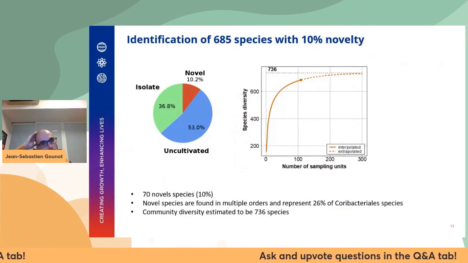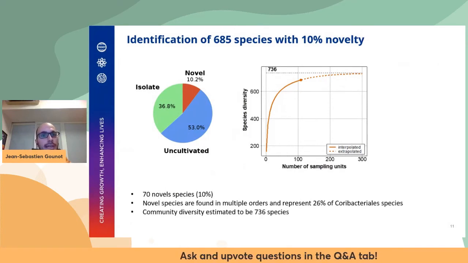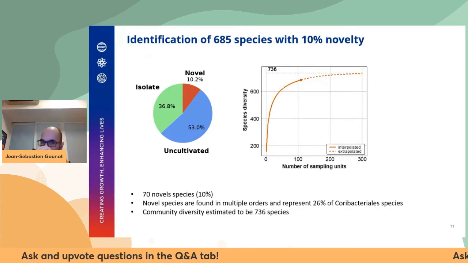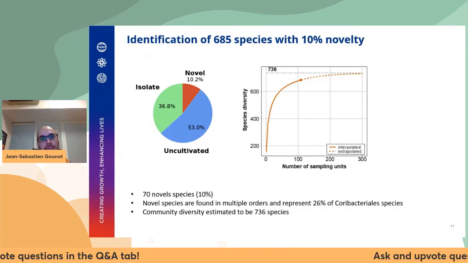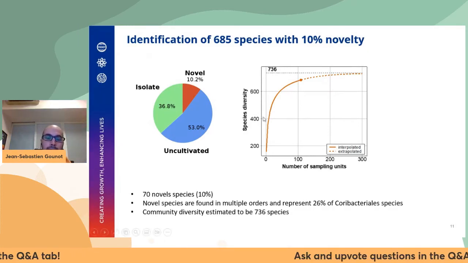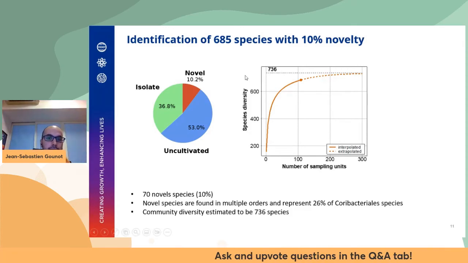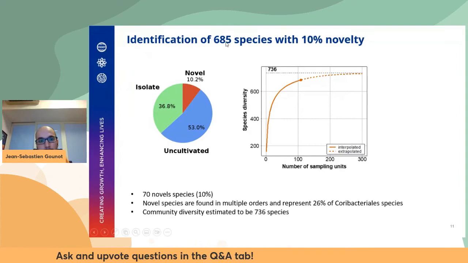So this was for the comparison between short and hybrid assemblies. And the next slides are going to be about what is unique about the Singaporean population. So when we have done the verification of all of the MAGs, we found there are 685 species.